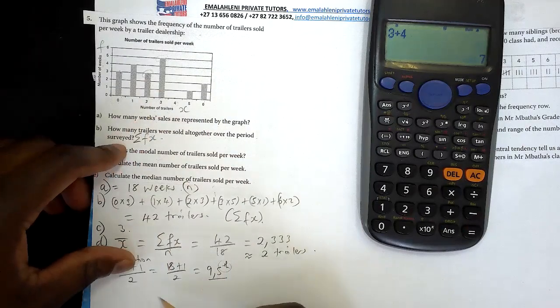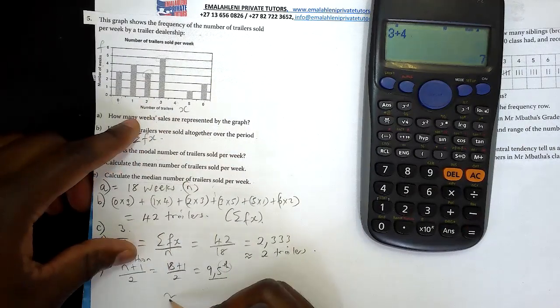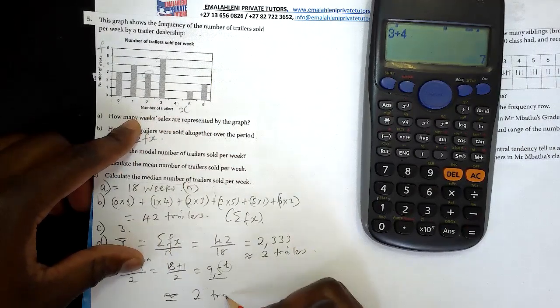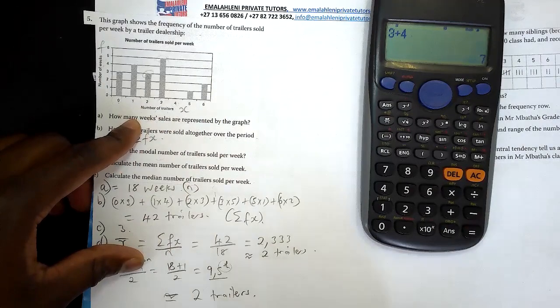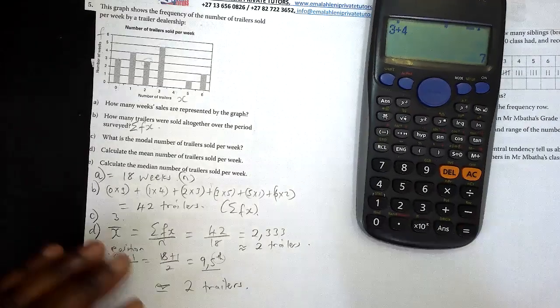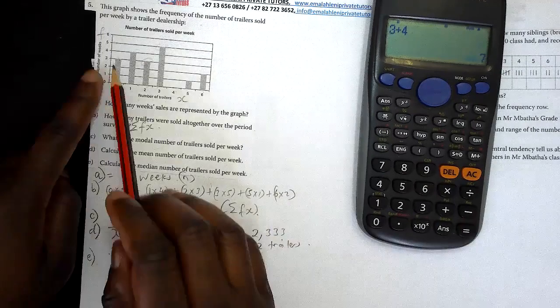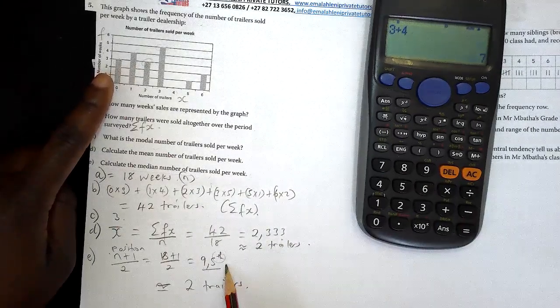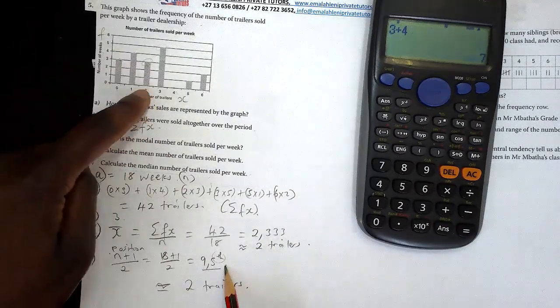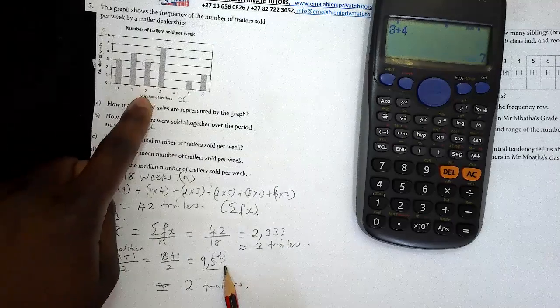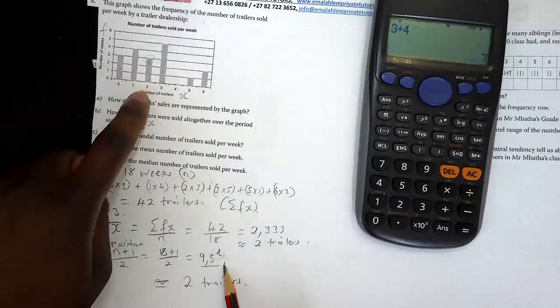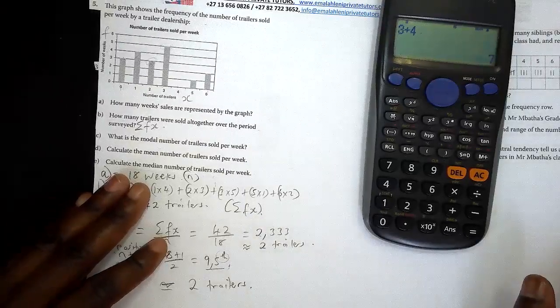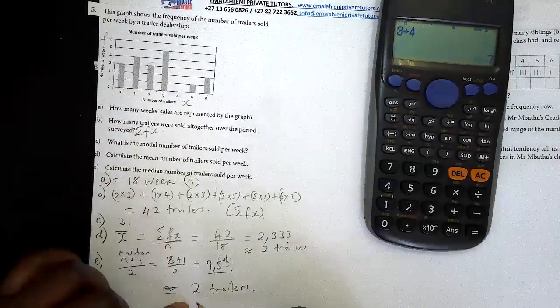So the median is 2 trailers. Remember what you do: you are adding the weeks because you know that it is between the 9th and 10th week. Then you come back to say, what is the corresponding number of trailers? It's going to be 2 trailers. So we are done with that part.